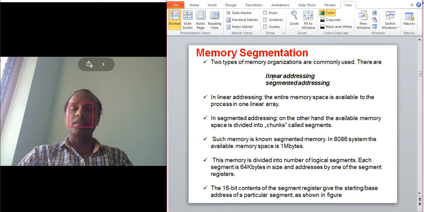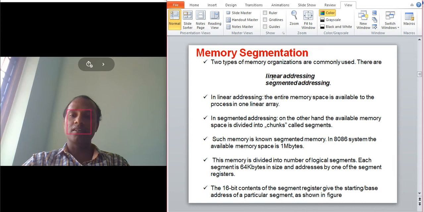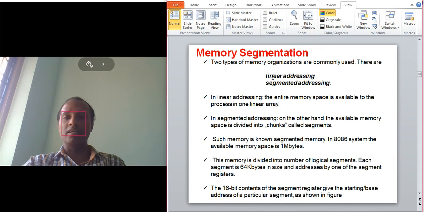In segmented addressing, the total memory of the device is divided into different parts. These parts are used for the user as well as for predefined purposes. Generally we don't go for linear addressing in the 8086 microprocessor; we go only for segmented addressing.